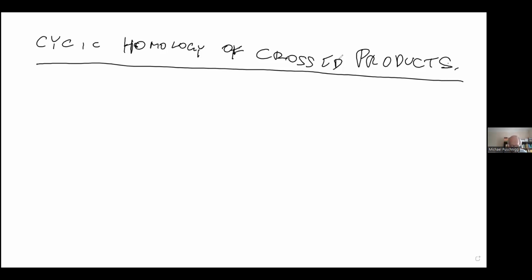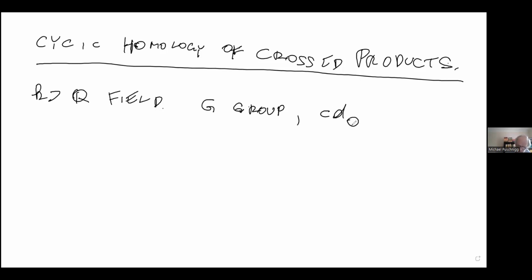So let me just start with a setup. We will fix a field K of characteristic 0, and an abstract group G. And we will suppose, just for technical reasons, that the cohomological dimension of the group over K should be finite.